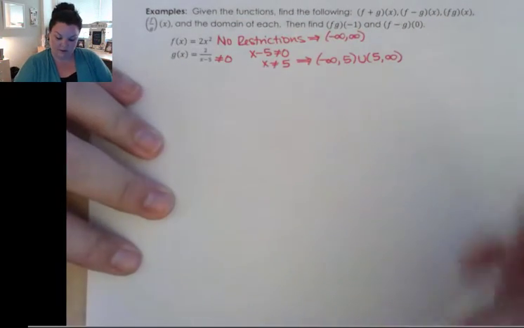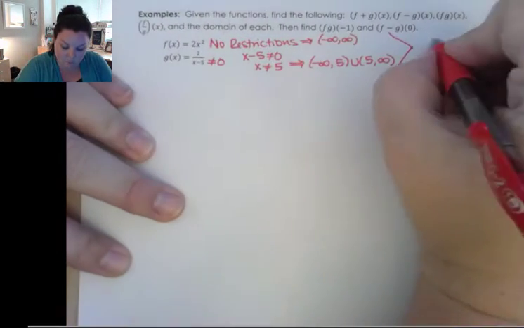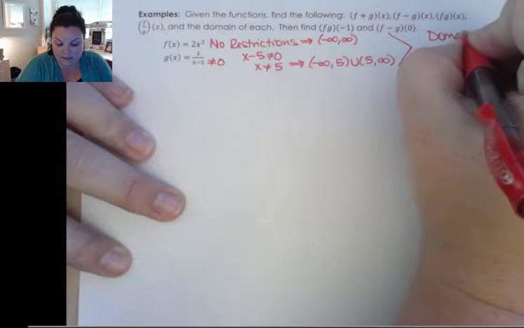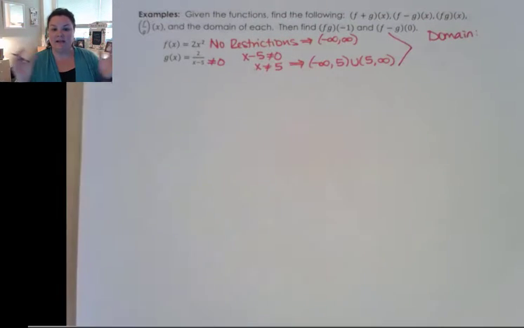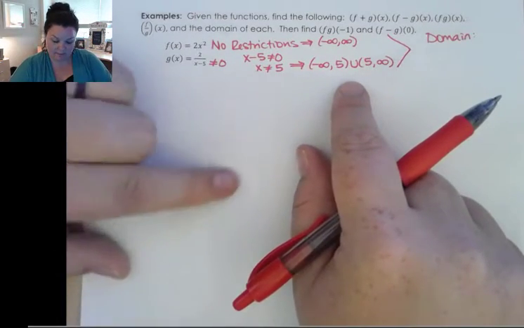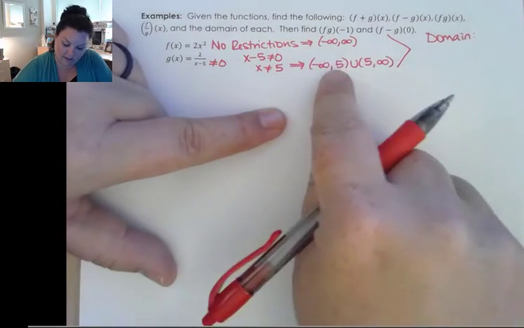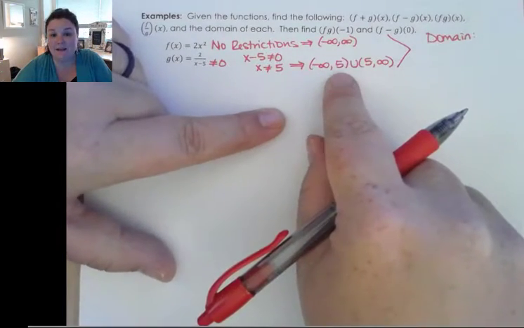Okay. So I look at all the restrictions for both functions to come up with what I think the domain will be for the combination of f and g as a function. Okay? All right, so looking at my 2 restrictions, the most restrictive combination of the 2 is going to be this one, right? Because this could be anything except 5.